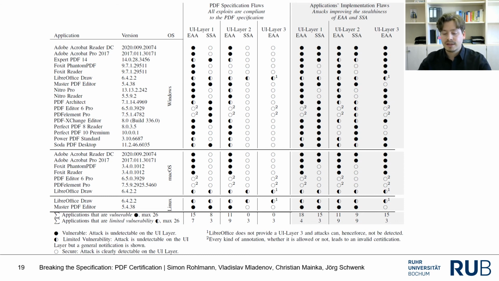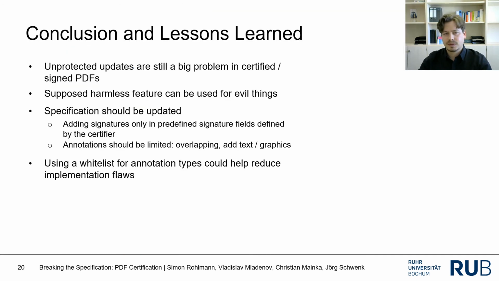For example, SSA on UI layer 2, the number of vulnerable applications increased from 0 to 9 if we improve the stealthiness. And we see the same for EAA on UI layer 3, where the vulnerable applications increase from 0 to 50.